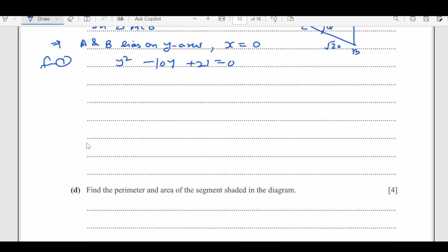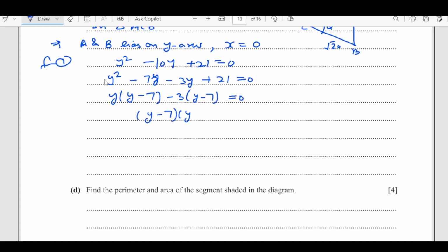Now let's factorize this: y squared minus 7y minus 3y plus 21 equals 0. So y minus 7 minus 3 into y minus 7 equals 0. So y minus 7, y minus 3 equals 0.